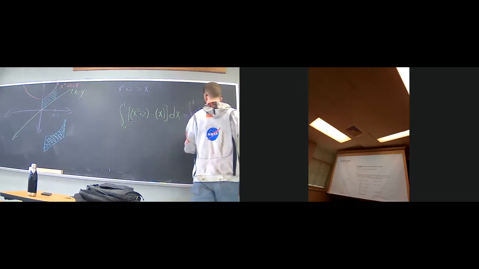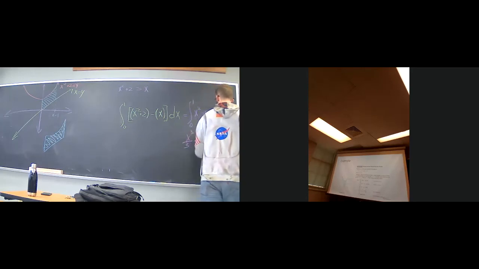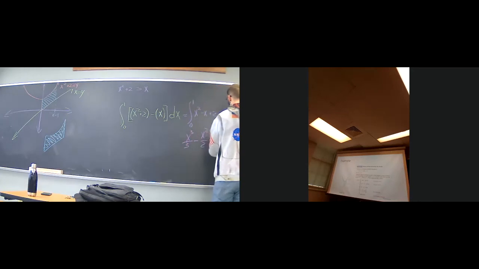From here, we're just going to do the calculus like we've been doing, right? You're going to integrate this out. This is going to give us x cubed over 3 minus x squared over 2 plus 2x. We're going to take the difference from 0 to 1, right?